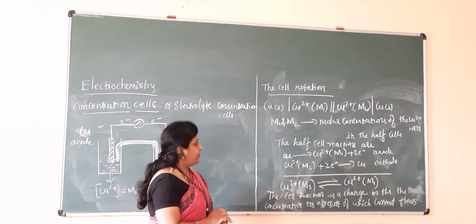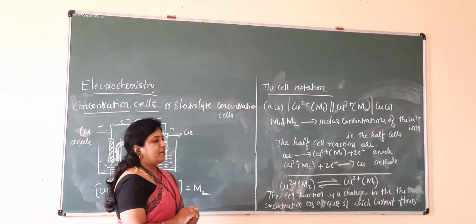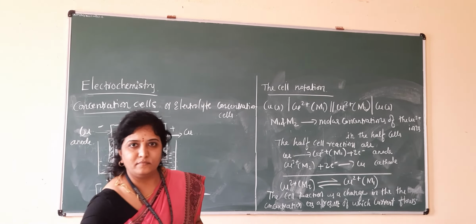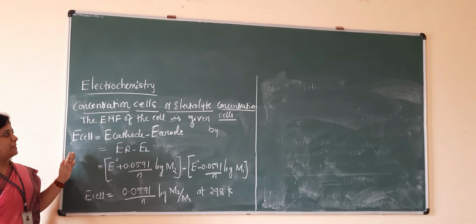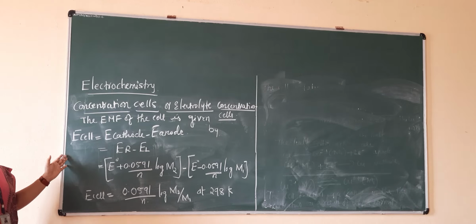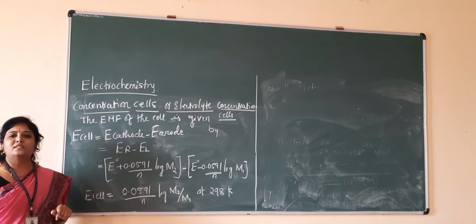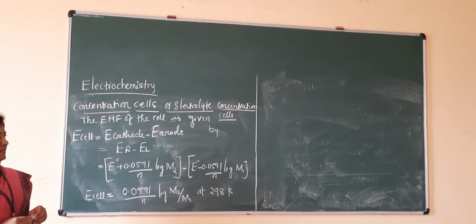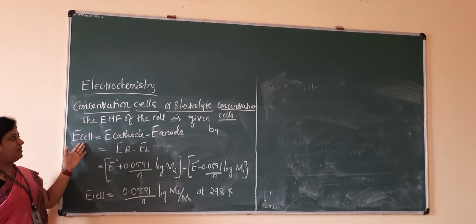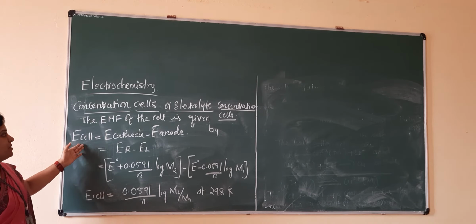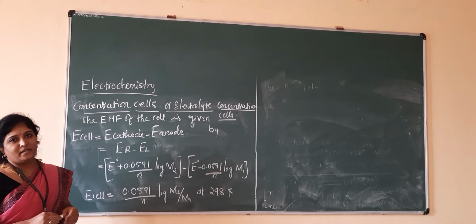Now the electrode potential E is given by the EMF of the concentration cell, which can be calculated because we know that EMF is equal to E cathode minus E anode.